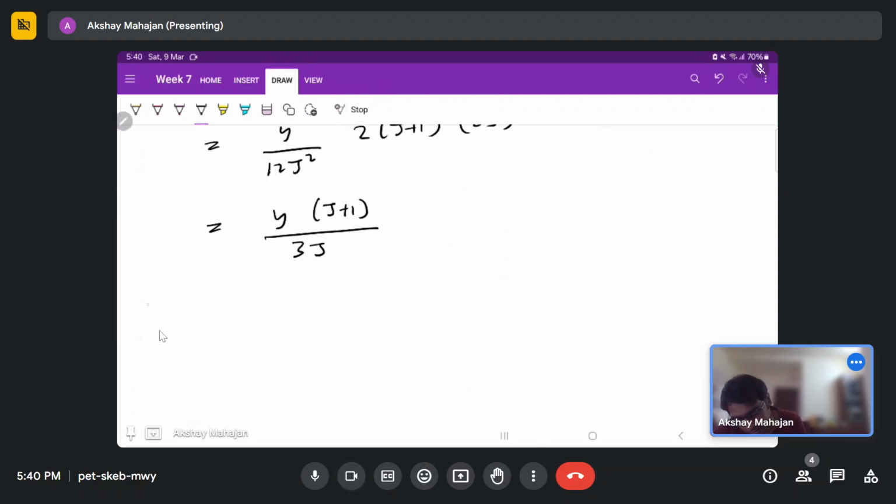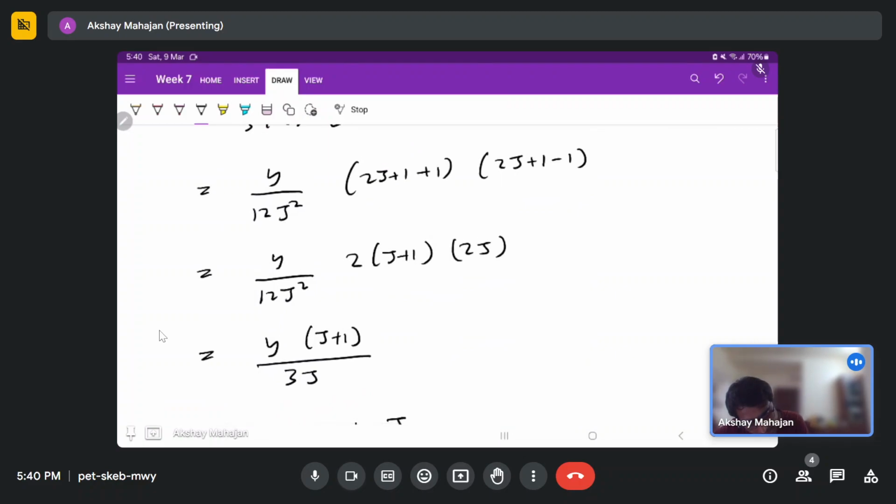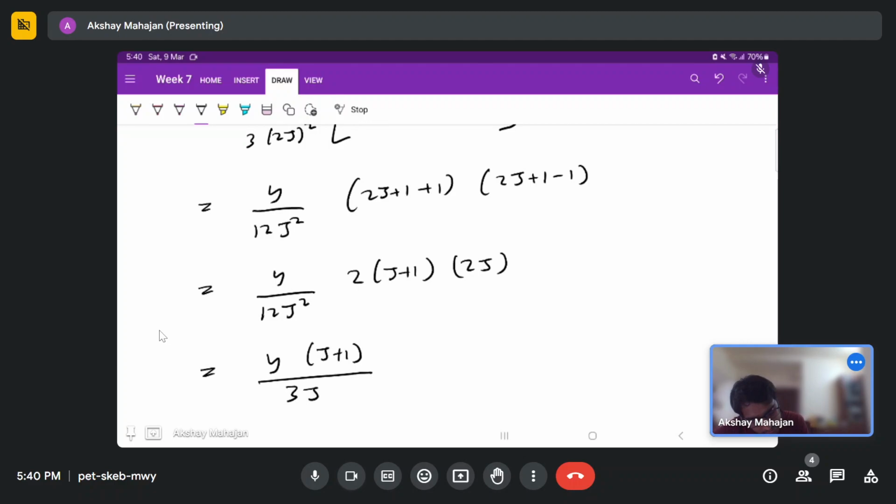Alright, so it implies bj of y tends towards y times j. Is there a j? Okay, I have 2 times (j plus 1), and 2j. I have 2j plus 2 here, right? That gives me j plus 1, and I will have 2j here. J square is there, so there should not be any. Yeah, this is correct.